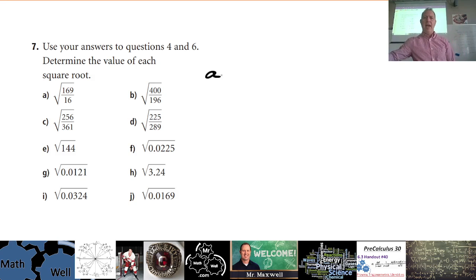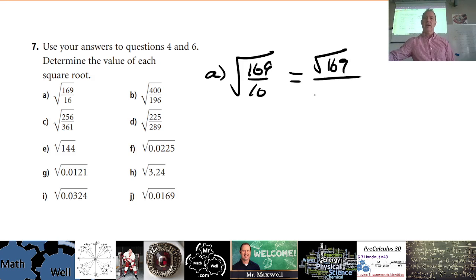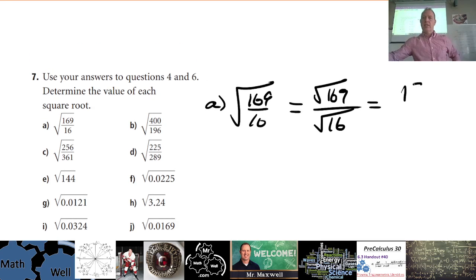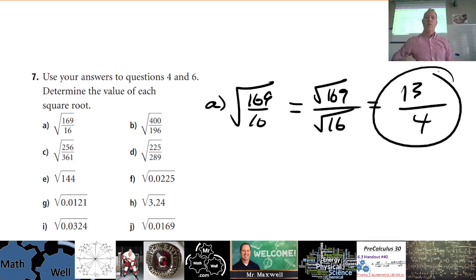So for 7a, the square root of 169 over 16, I guess if we could take the square root of 169 and the square root of 16, we should, right? This is the exact same. So what's the square root of 169? 13. What's the square root of 16? 4. 13 over 4 is our answer.